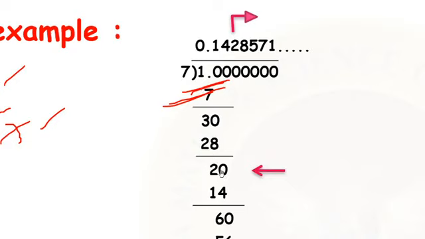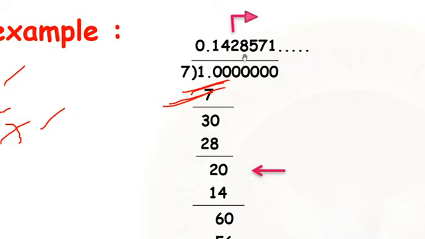Because already decimal point we have taken, that's why instead of 2, we are considering 20. When we are dividing 20 with 7, how many times we have multiplied? 2 times. 7 2 times 14. Means from there division will continue.